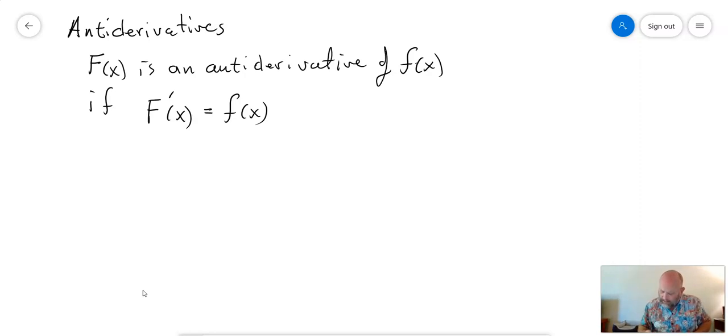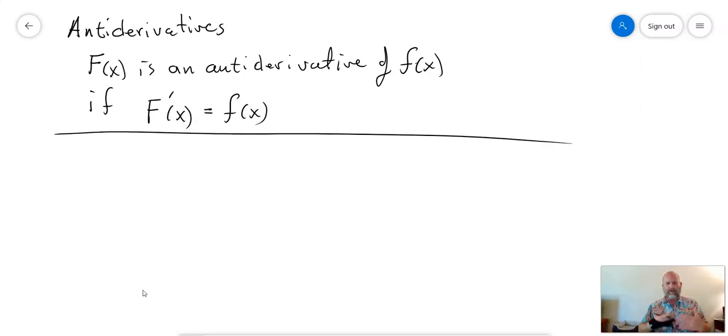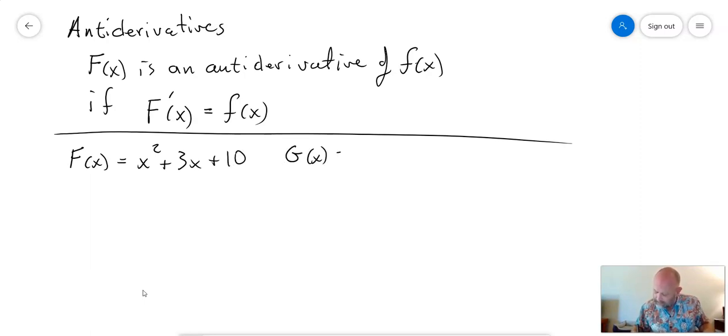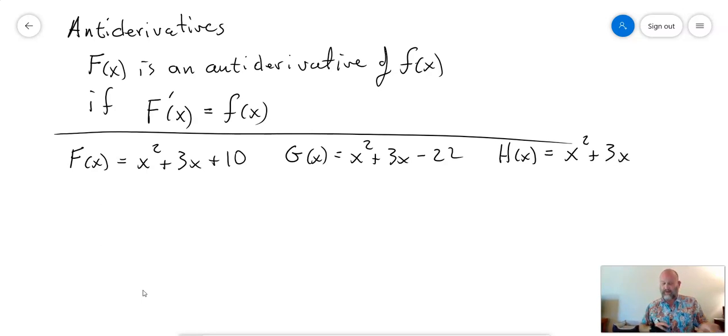So let's actually look at an example here before we start talking about how to compute these things. Let's take this for example. Let's say f of x is equal to x squared plus 3x plus 10, g of x is equal to x squared plus 3x minus 22, and h of x is equal to x squared plus 3x.